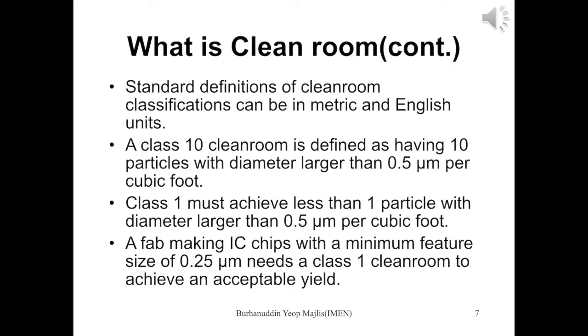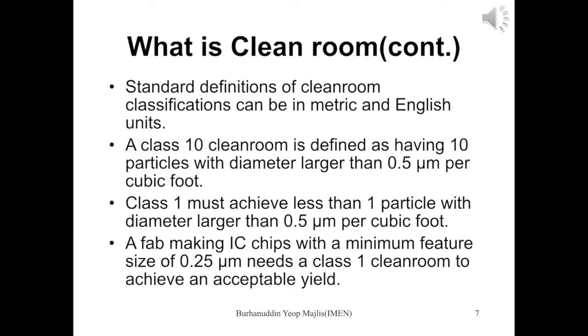The standard definition of cleanroom classification can be in metric unit and also English unit. In English unit, for example, a class 10 cleanroom is defined as having 10 particles with diameter larger than 0.5 micron per cubic foot.